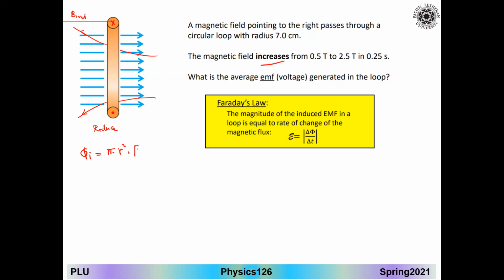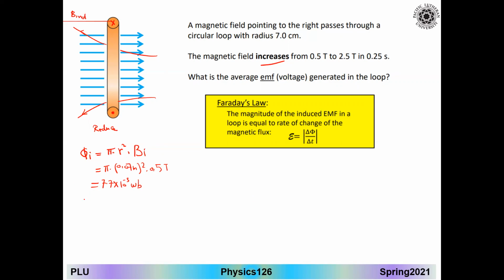So we have pi times 0.07 meter squared, times the initial magnetic field, 0.5 Tesla. This ends up as 7.7 times 10 to the power of -3. Don't forget the unit is Weber.